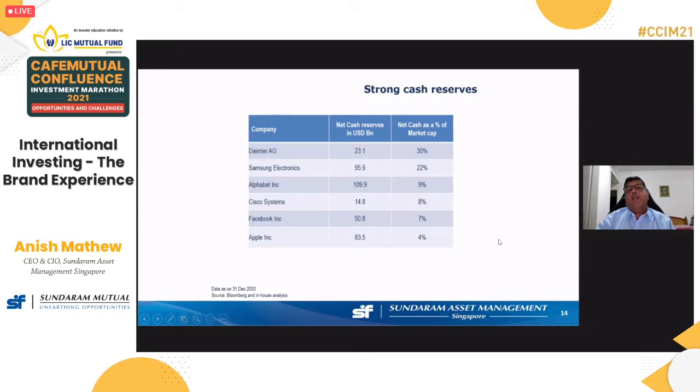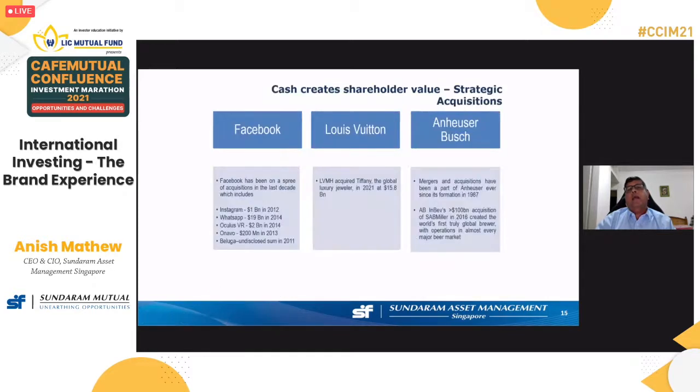They're able to generate durable cash flows, as we have seen, and they're able to use this cash in a strategic manner by making acquisitions. If you look at Facebook, the number of acquisitions it has done, Instagram is an interesting one. In 2012, they bought Instagram for $1 billion when it had just 13 employees.